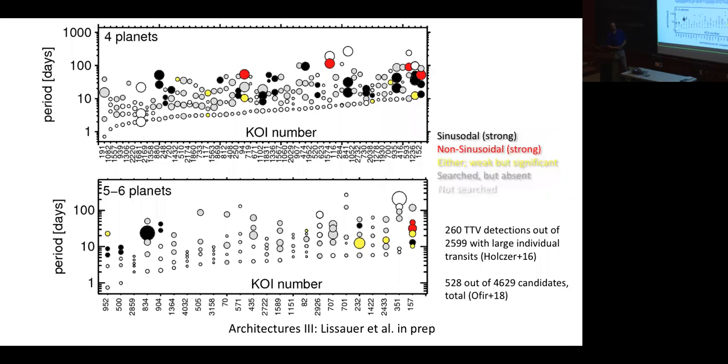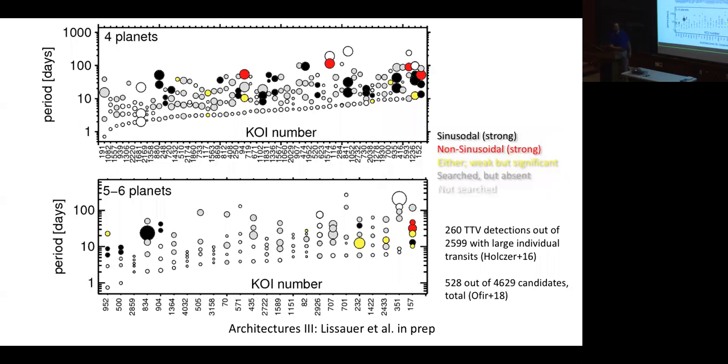All right, so you can search for transit timing variations as long as the planet's big enough and produces a deep enough transit. Some of them are not even searched, so the grays and the whites are a little bit too subtle to notice, but a lot of these are gray because there were attempts to find transit timing variations, but they weren't found.